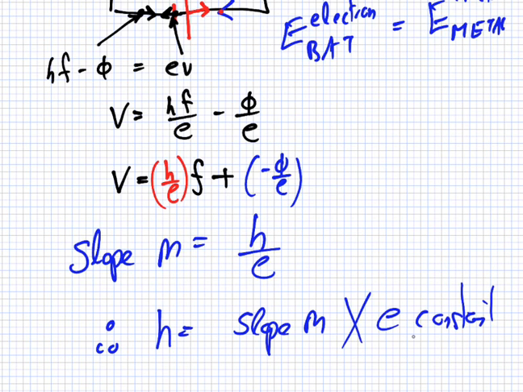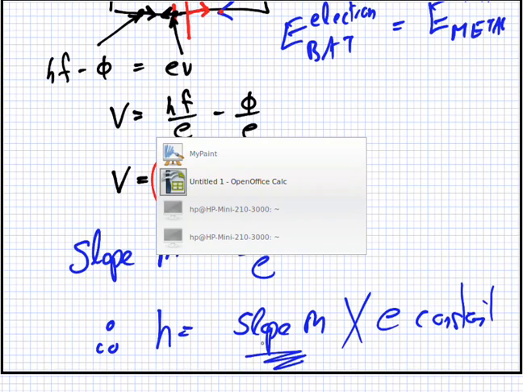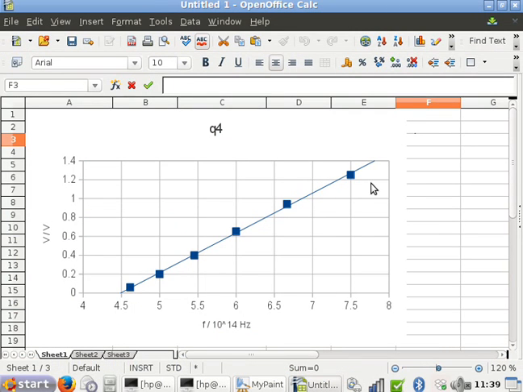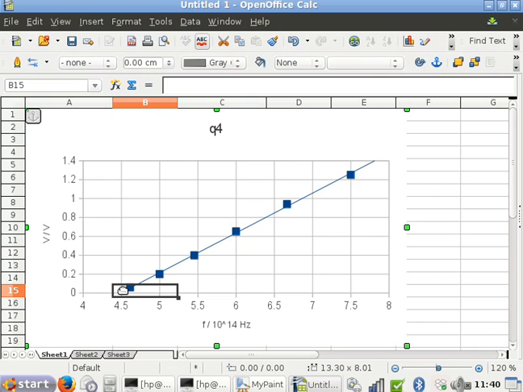So we need to get the slope n from our graph. You can look at a big triangle here. I can see that this triangle is 1.4 units tall, and then it goes from 7.75 to 4.5 on the x-axis. So give me the slope, please. You can use mine or you can use yours.